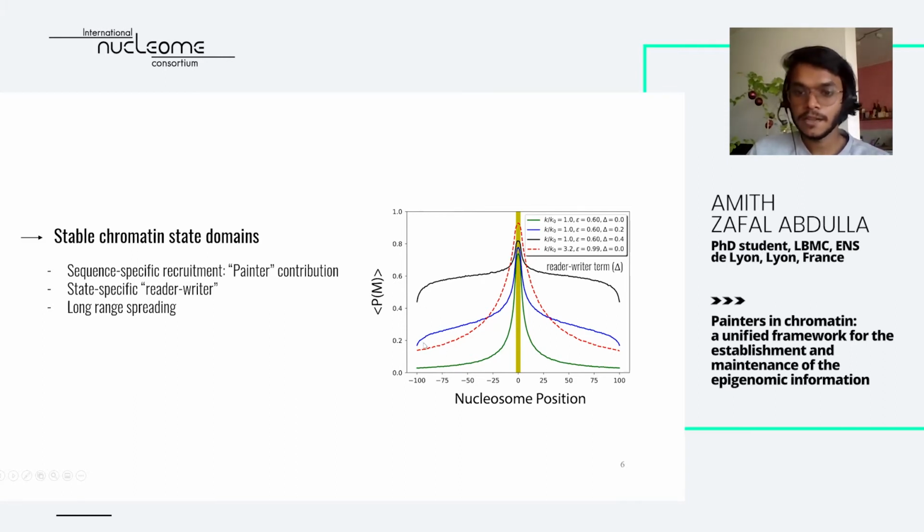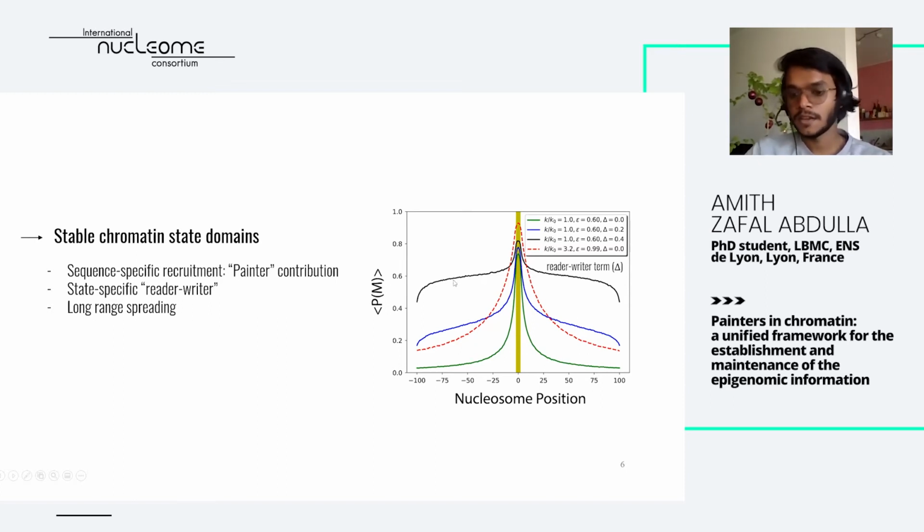By looking at the profile, we can comment on the underlying process. If you look at the slope here, which goes like 1 over x, it indicates that we just have the sequence-specific process, and when it is different and we start to see heavy tails, we expect some reader-writer component as well.